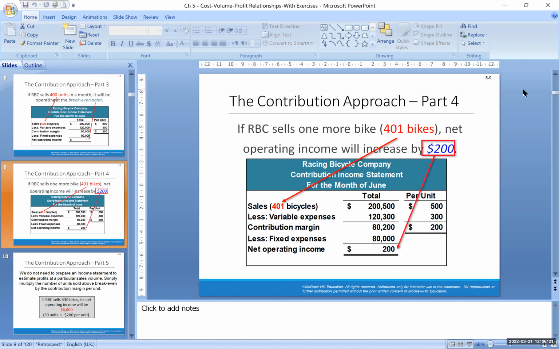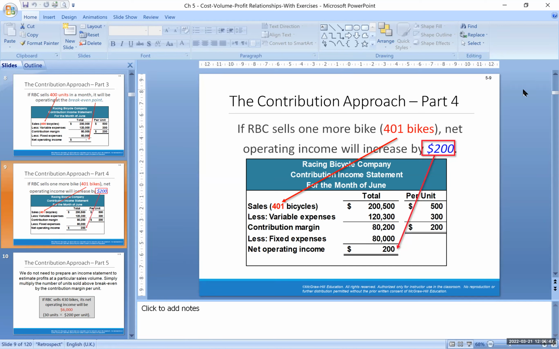Simply, all units sold after the break-even contribute to the profit, depending on the contribution margin for each unit. So simply I can say that the 401st unit contributes to the net income, only one unit.